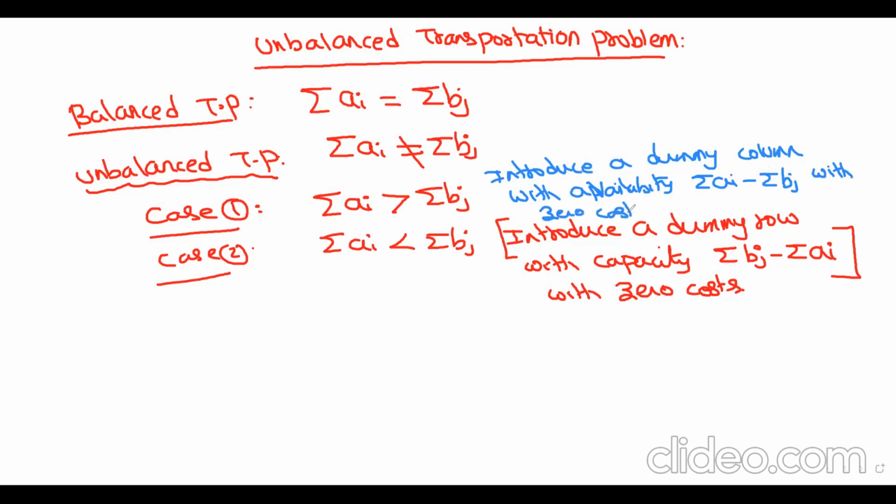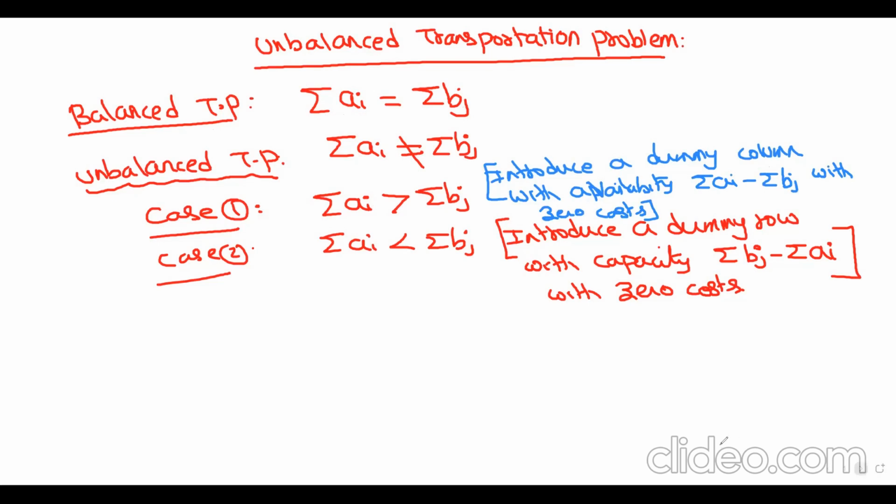I think now you understand, right? Balanced transportation problem means summation Ai equals summation Bj. Unbalanced means summation Ai not equal to summation Bj: maybe availability is more or less compared to the requirements.